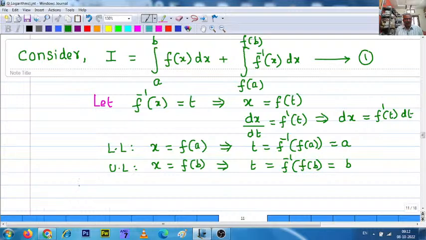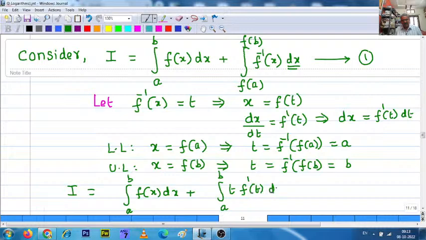So now I can be written like this for our convenience. I is equal to, don't change this one, integral a to b f of x dx plus, instead of f of a to f of b the limits are converted to a to b, and instead of f inverse x you can replace t, whereas instead of dx you can replace f dash t dt.